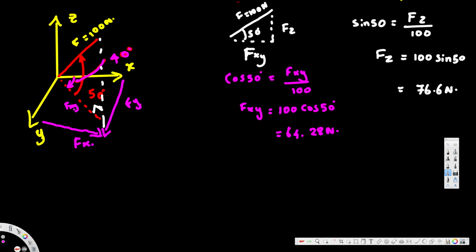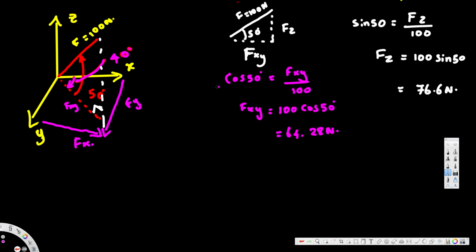Now after we find fxy, it's easier to find the x component and y component, because we have the force fxy equal to 64.28 Newton, and we know the angle with the x-axis, that is 40 degrees.